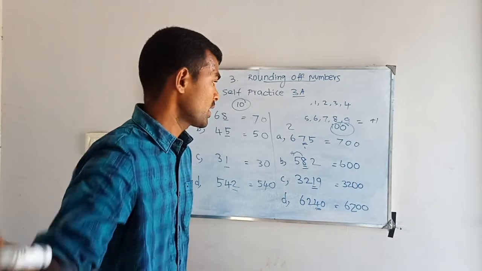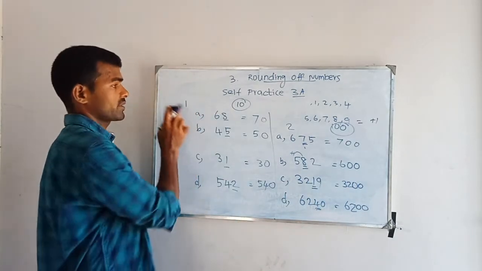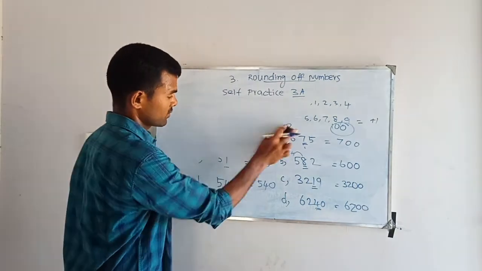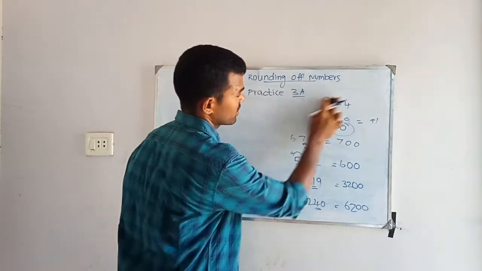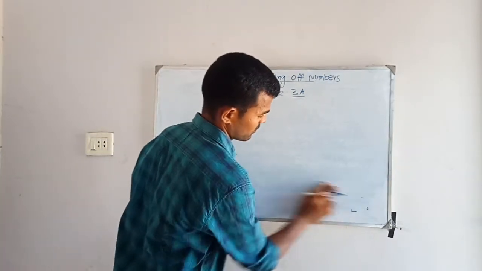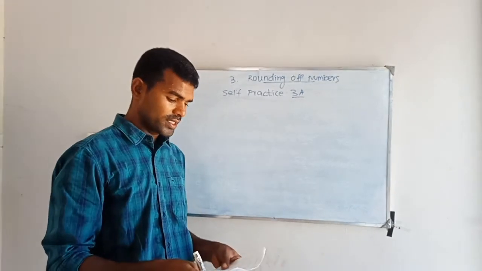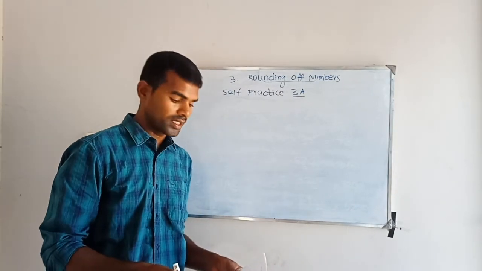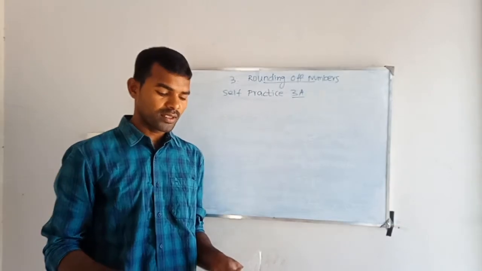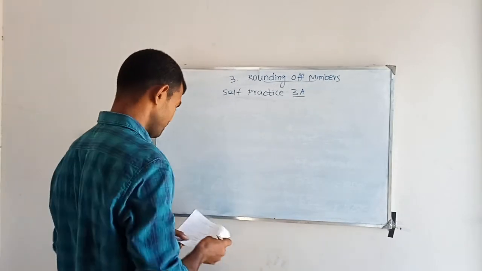Understand? Now let us go to our next exercise. Next, question 3: round off the following numbers to the nearest 1000.